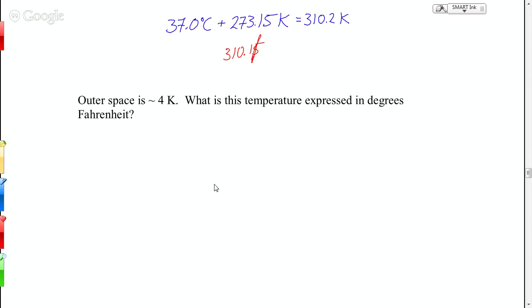Keep working. I'm going to write it down up here. If you're done, you can follow along. If not, just keep going.